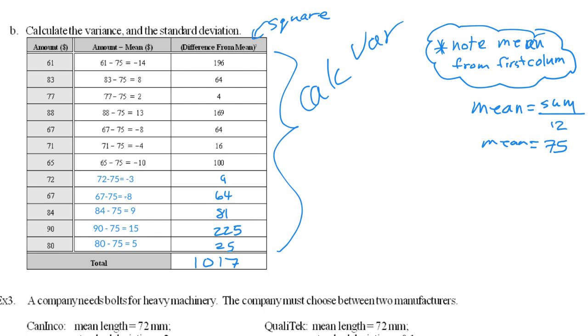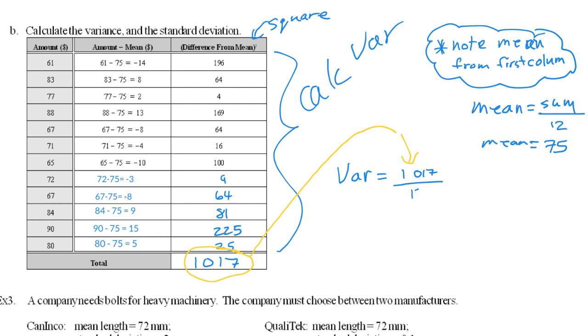1017. So the next stage of this is to calculate the variance. And the variance is equal to the number that I have here. We're going to put it right here. So we end up with 1017, and then we divide by the total number of points. In this case, we have 12 points.